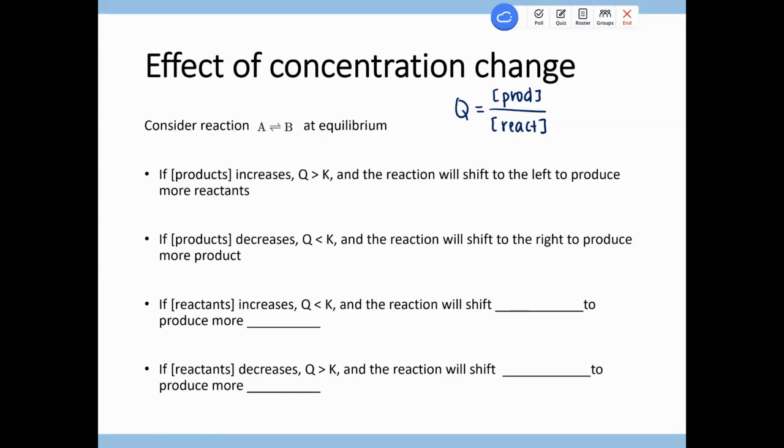So the concentration of B is decreasing. That would result in a Q that's less than K, so the reaction will shift to the right to produce more B, to reestablish equilibrium. B is removed. We need more B then to be at equilibrium, so the reaction shifts to the right.